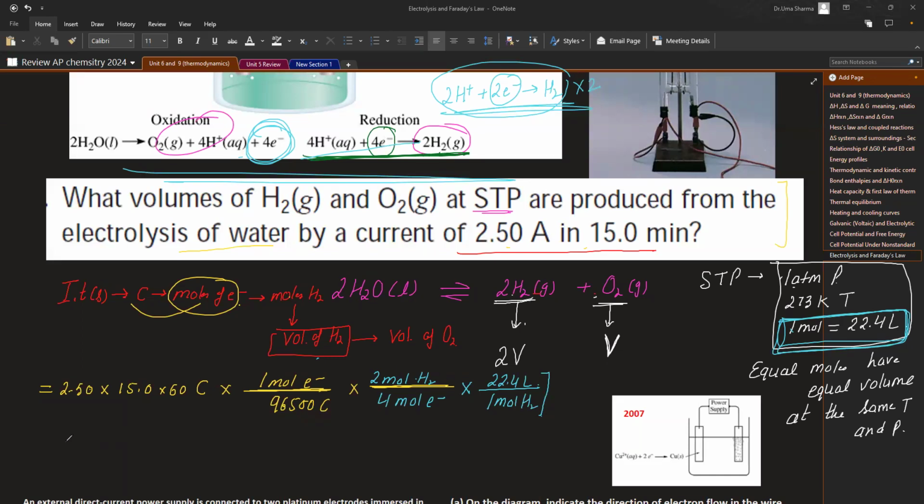Stop and calculate. 2.50 times 15.0 times 60 times 1 times 2 times 22.4. Don't leave any number. In one of the classes, I made an error in plugging in some numbers and we were getting the wrong answer. Just check that I have picked up all the numbers from the numerator and the denominator. And the final unit will be liters of H2.